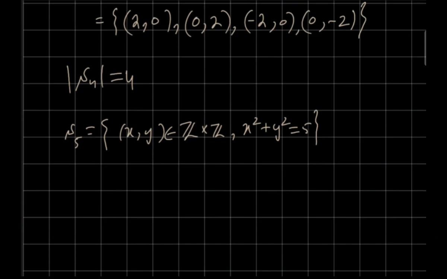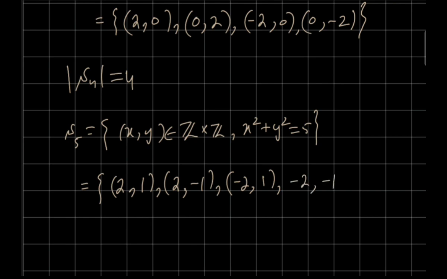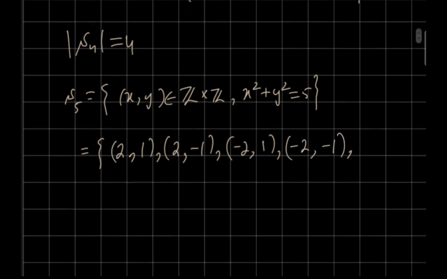What about S5? S5 contains those ordered pairs in Z cross Z such that the sum of their squares is 5. You can see we have these elements: (2, 1), then (2, -1). Then change their signs: (-2, 1), (-2, -1). Now change their positions.